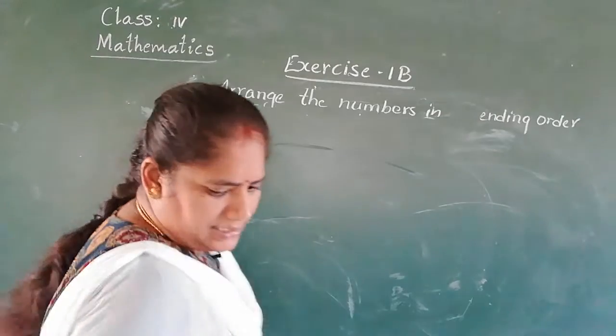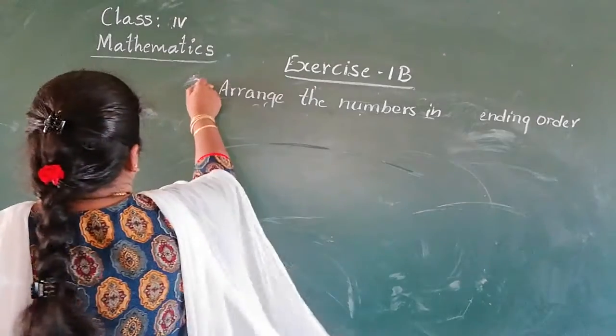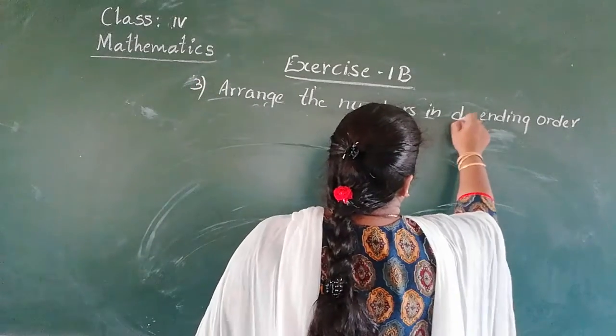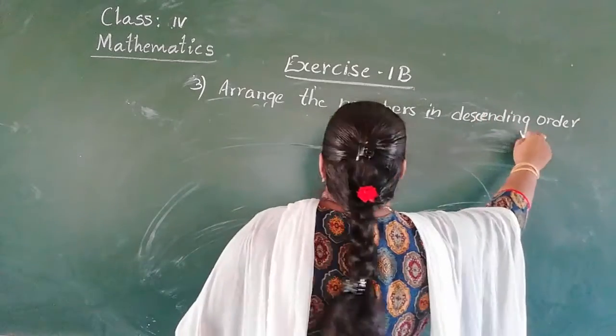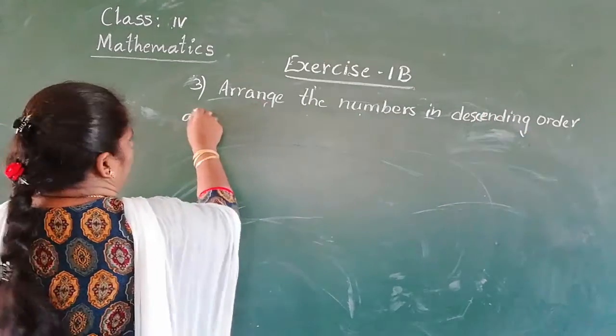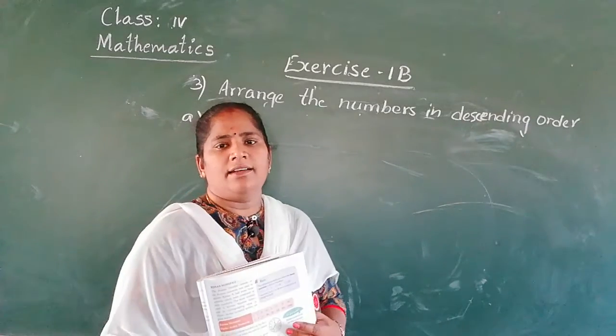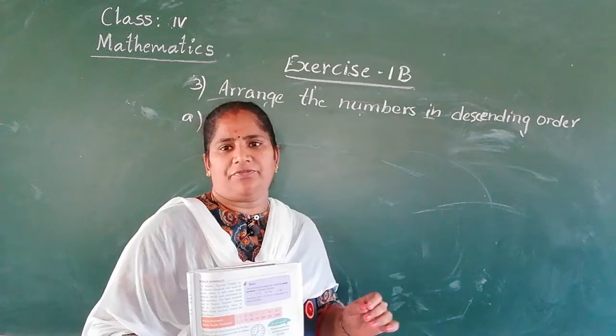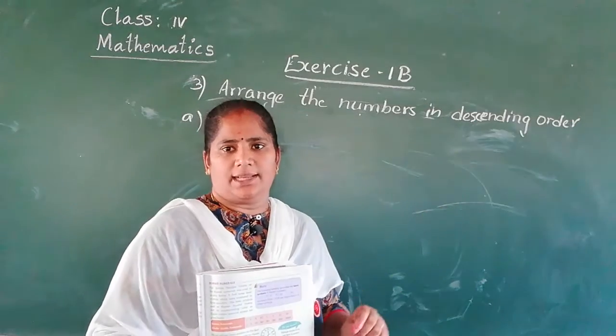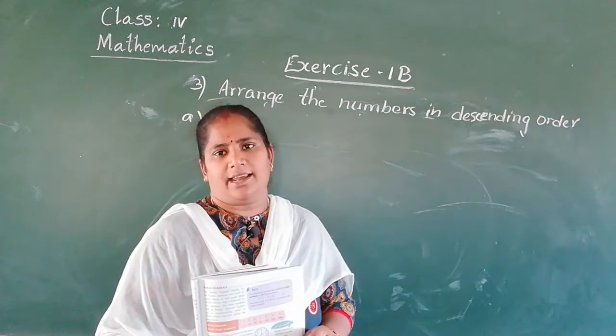Arrange the numbers in descending order. So descending means, yes, tell me what is meant by descending, children? Big to small. If the numbers are arranged from biggest to smallest, it is known as descending order.